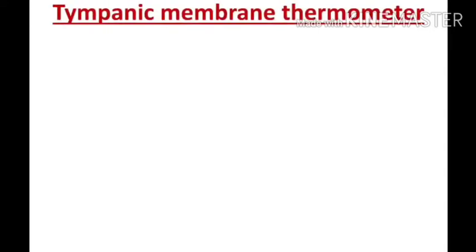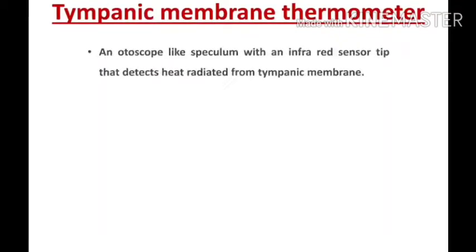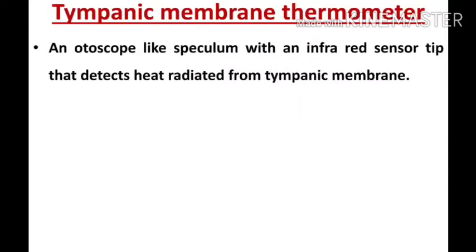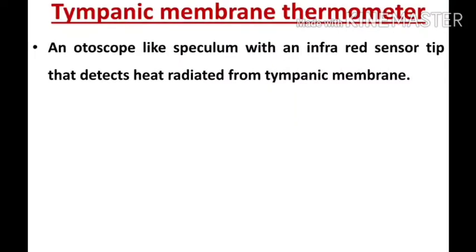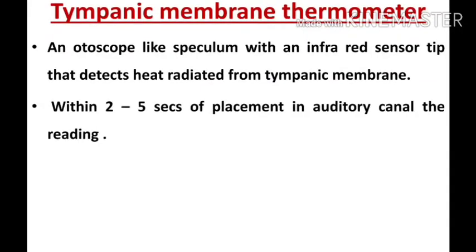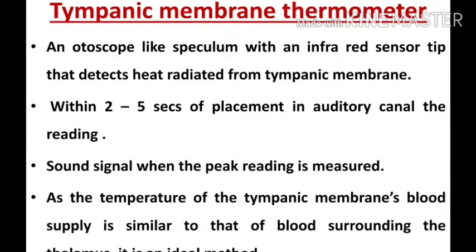Now let us see the tympanic membrane thermometers. These are small handheld devices, and it is like an otoscope, like a speculum with an infrared sensor tip that detects the heat radiated from the tympanic membrane. Within 2 to 5 seconds of the placement in the auditory canal, we will obtain the reading.